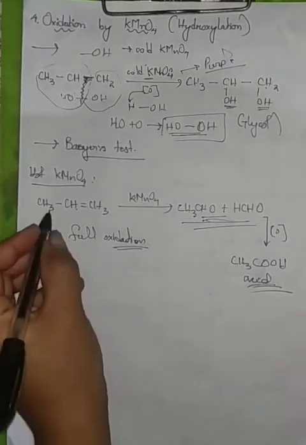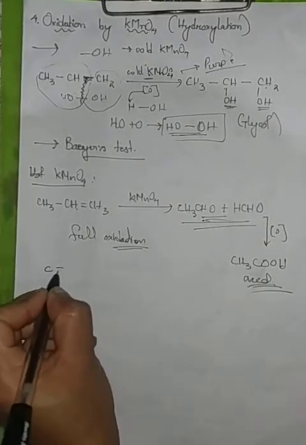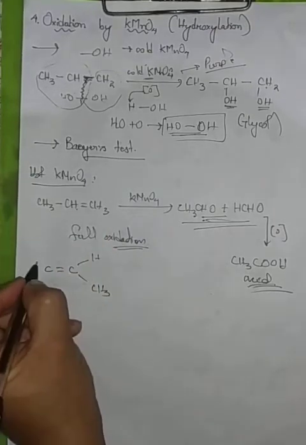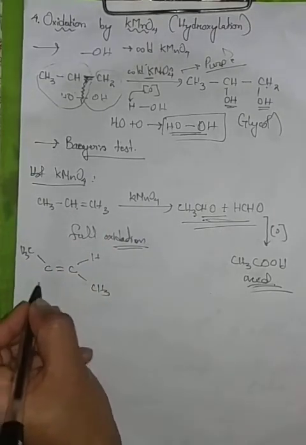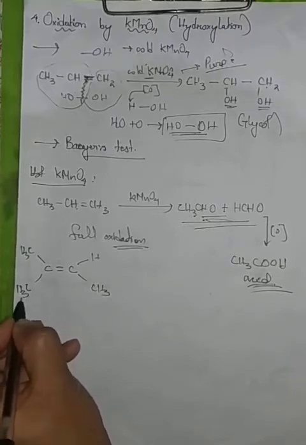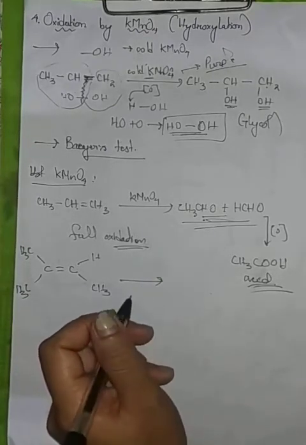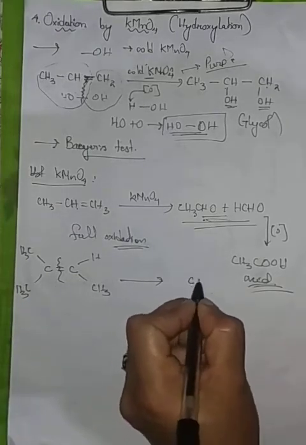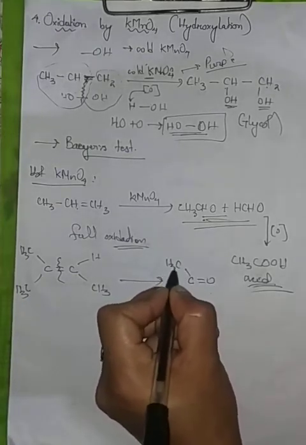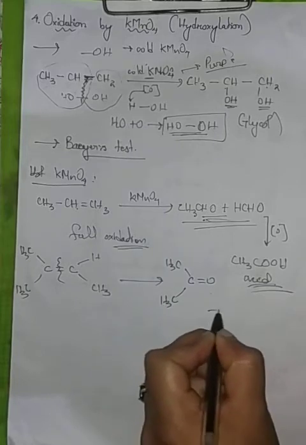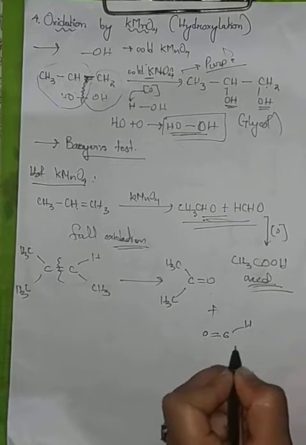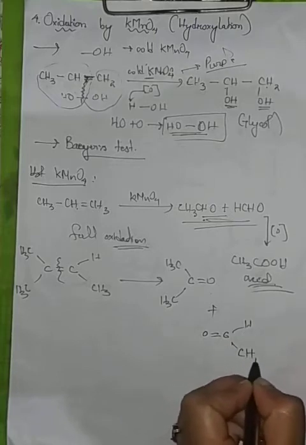Now if we write this carbon to carbon double bond H and then CH3, it can also be written in this form, CH3, another CH3 can add up here. Now when oxidation takes place, we just break this bond and add oxygen, and we get C double bond O CH3 plus C double bond O H and then CH3.